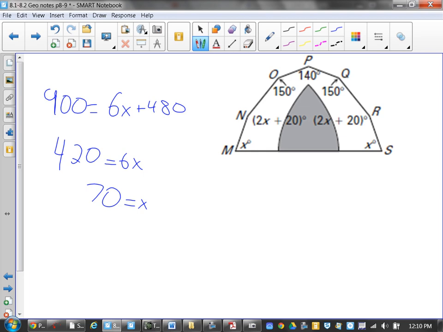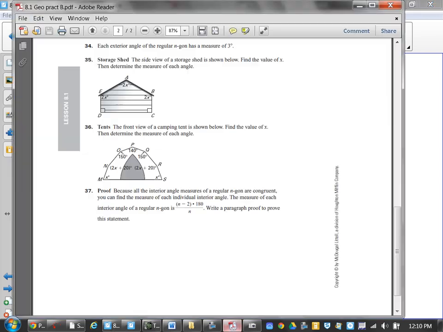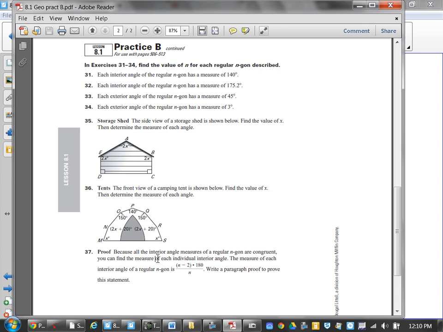For 34, can you find the exterior angles? You're overthinking it.